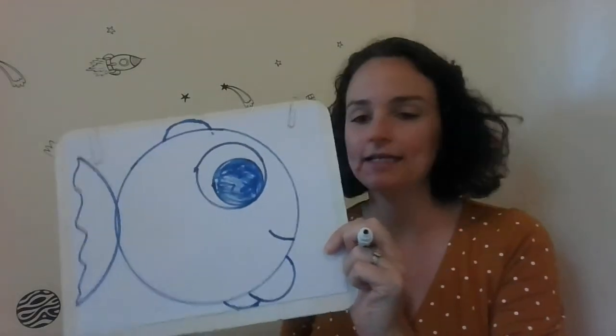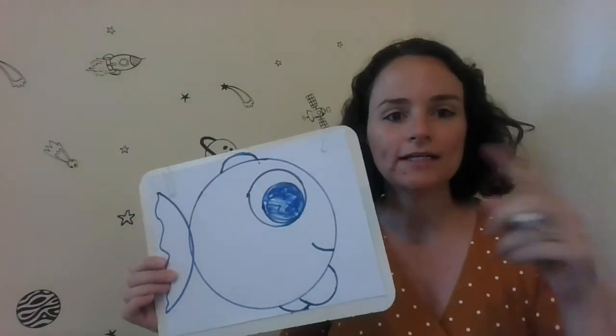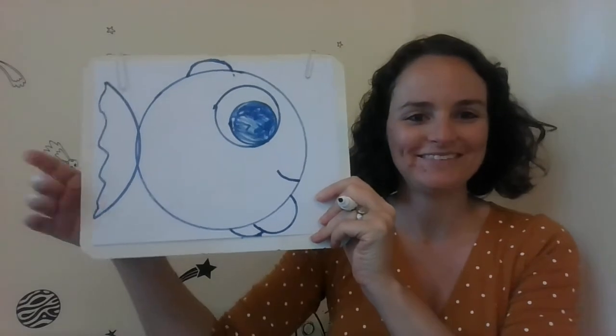And the little fins that go on the bottom. That way he can steer. He'll know where he's going. That'll help him because his tail will move him forward, and then his little fins will help him go left and right and help steer him.